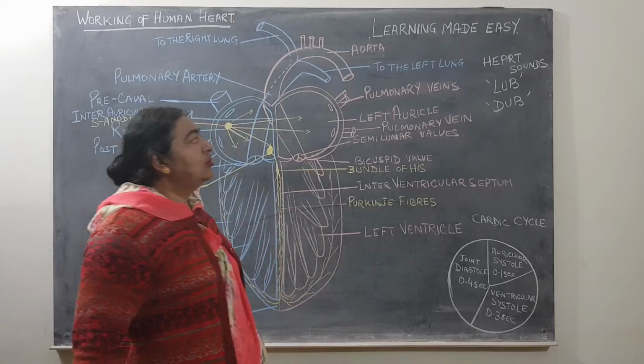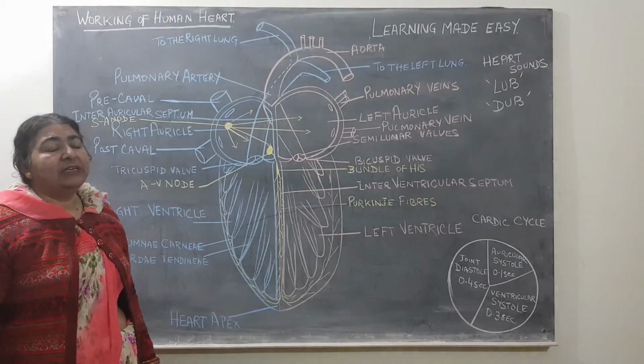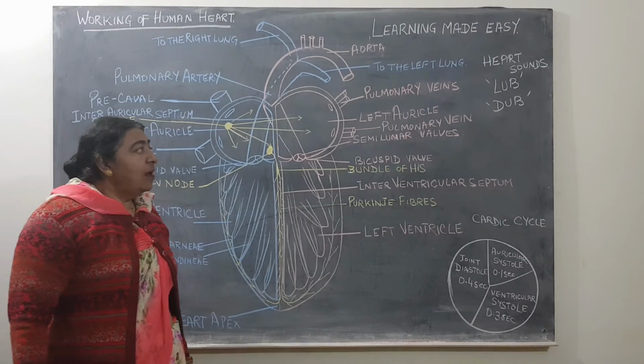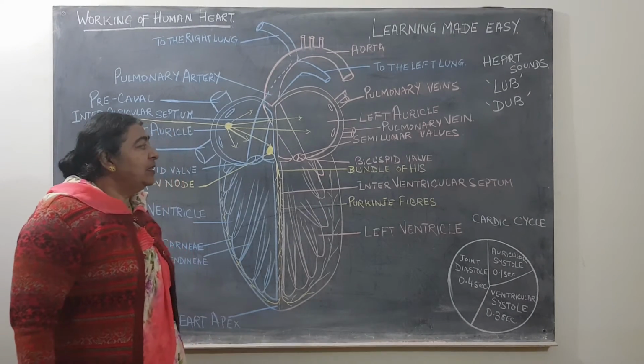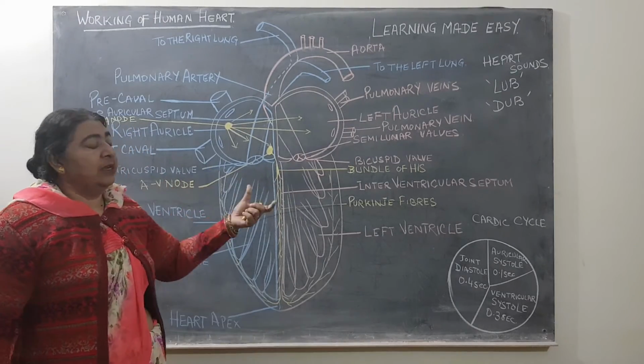This is usually what the doctor hears and tells you whether your heart is working in a perfect condition or not. Lub is the sound when the bicuspid and the tricuspid valve open up.